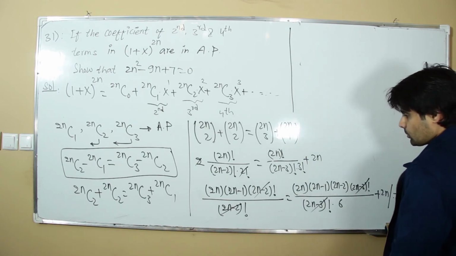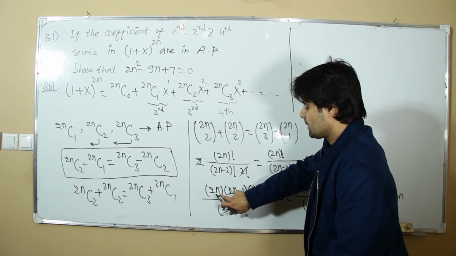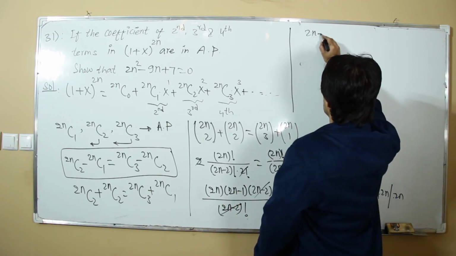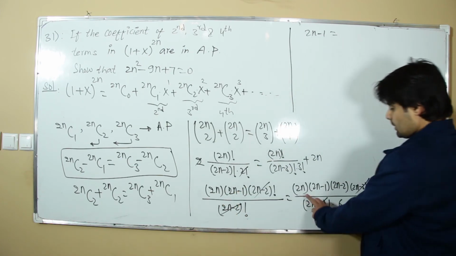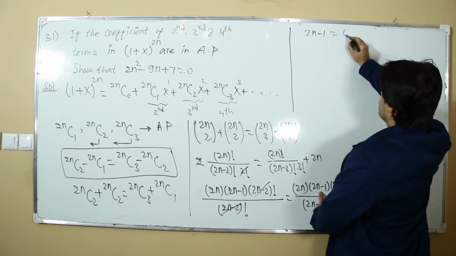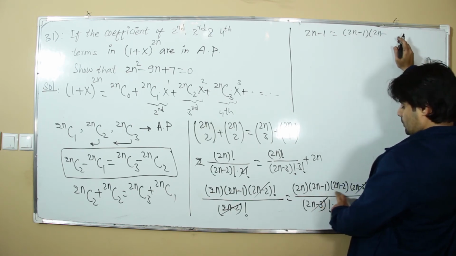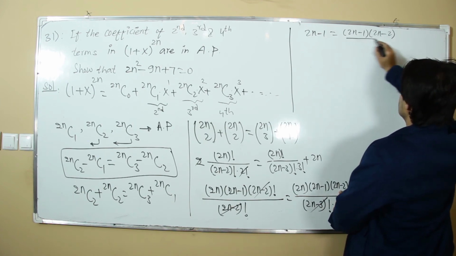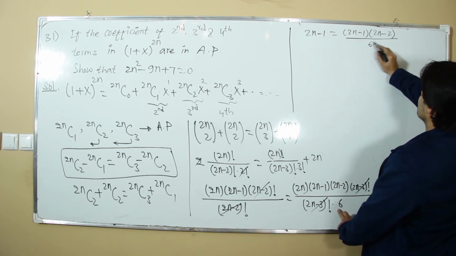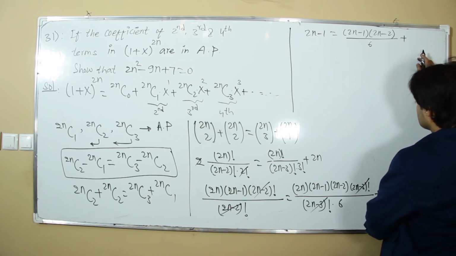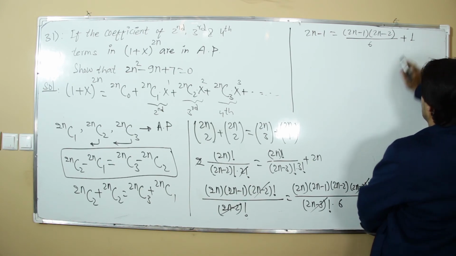If you divide both sides by 2n, you will have in here 2n cancelled. We have 2n minus 1 is equal, this 2n is cancelled. We have 2n minus 1, 2n minus 2 divided by 6 plus, and this 2n divided by 2n, it's 1.